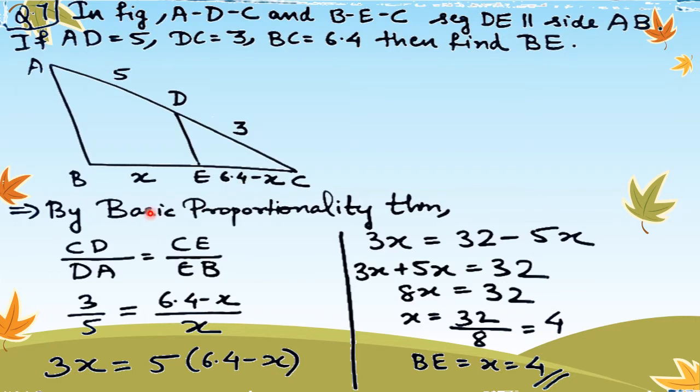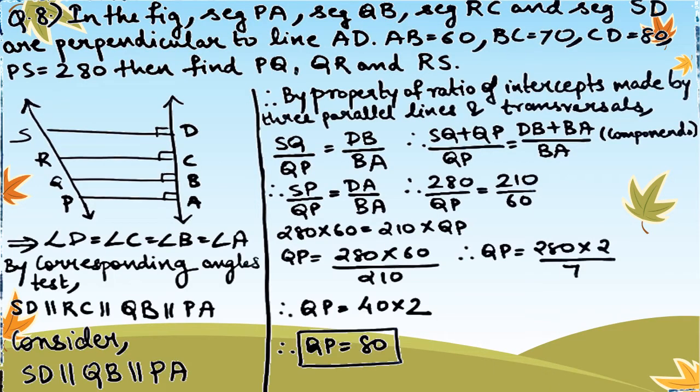Okay, so now let's see question number 8. In the figure, segment PA, segment QB, segment RC and segment SD are perpendicular to line AD.